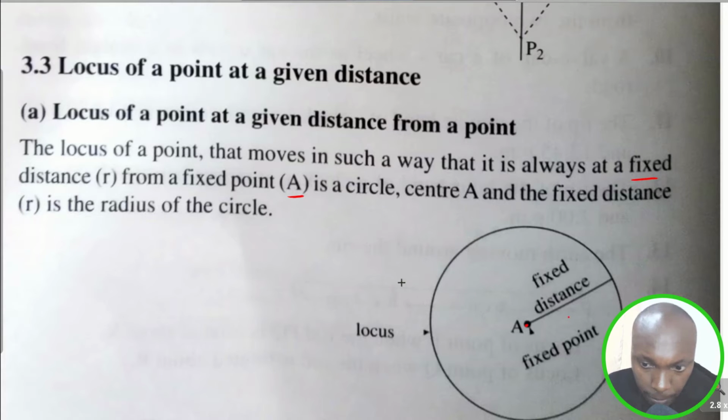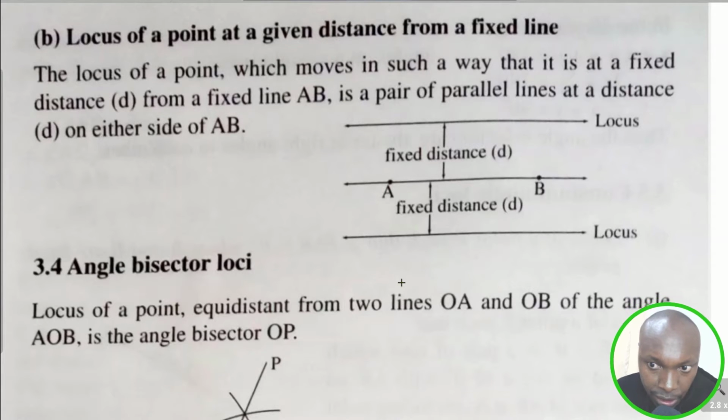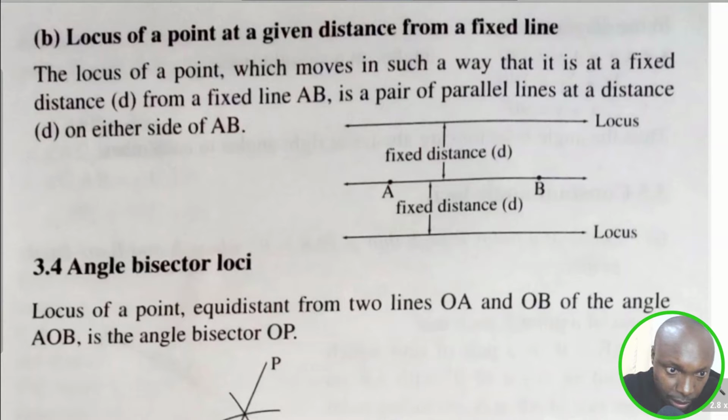We go to the next type of locus, that is part B, the locus of a point at a given distance from a fixed line. Now the locus of a point which moves in such a way that it is at a fixed distance from a fixed line AB is a pair of parallel lines at a distance D on either side of AB.